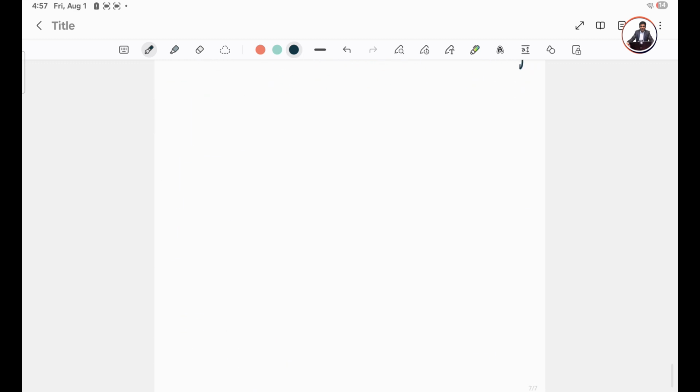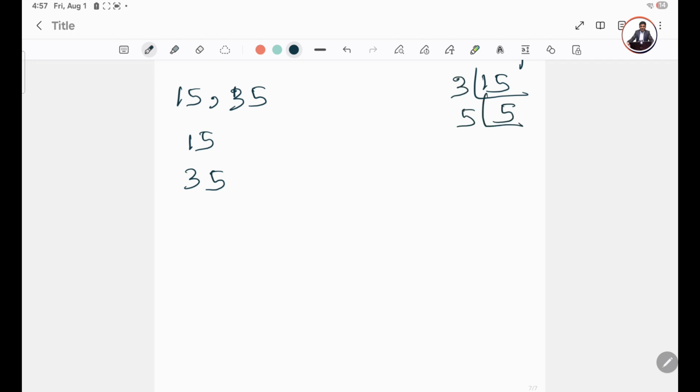The next one is 15 and 35. Again we are using the second method. For 15, you need to divide using prime numbers. The first number is 2, but 15 is not divisible by 2. Then go with the next one, 3: 5, and then 5: 1.